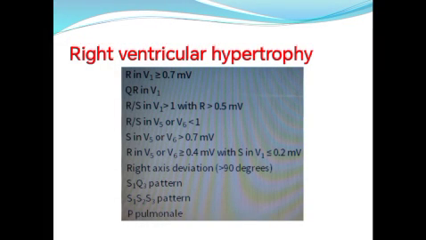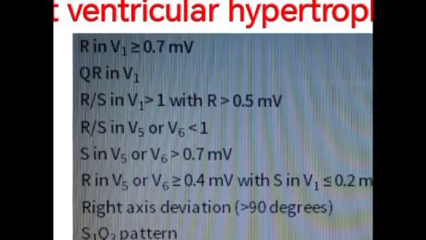For right ventricular hypertrophy, we mentioned all this in the ECG example I gave you. But here are the numbers. The R wave in V1, which is abnormal, will be more than 0.7 millivolt. We have qR in V1, and the R to S ratio in V1 more than 1 with R more than 0.5 millivolt.